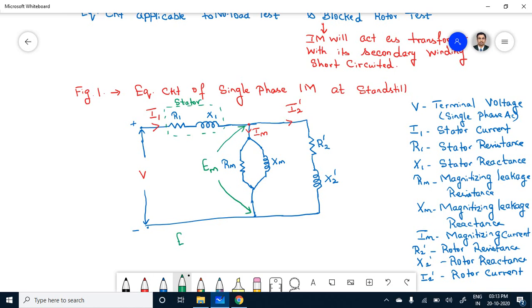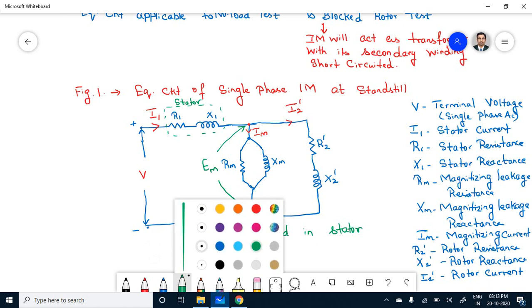EM stands for EMF induced in stator. Okay, EMF induced in the stator.